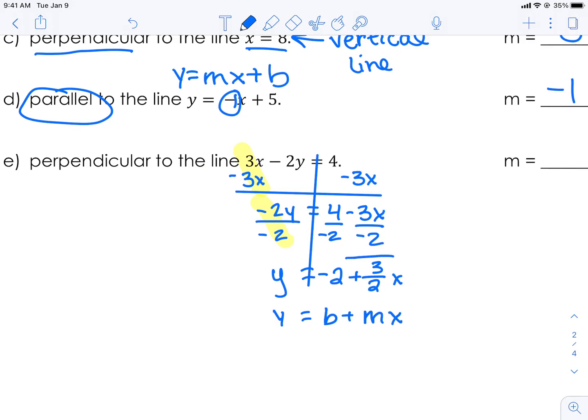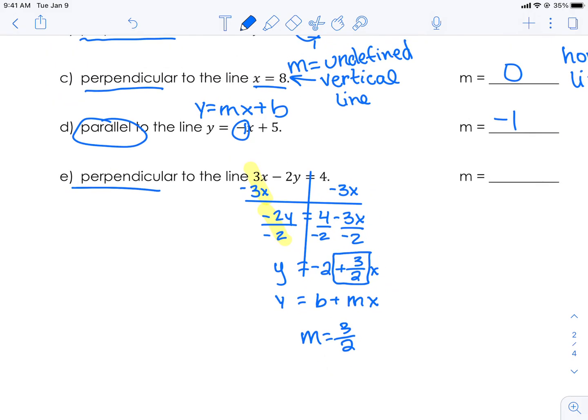So my slope is 3/2. But I want something that is perpendicular, which means I need to make that the opposite sign, so it's going to be negative. And I need to flip the fraction, so it's going to be -2/3.